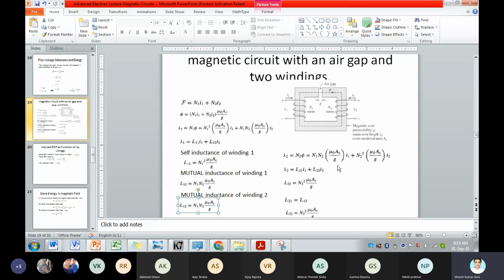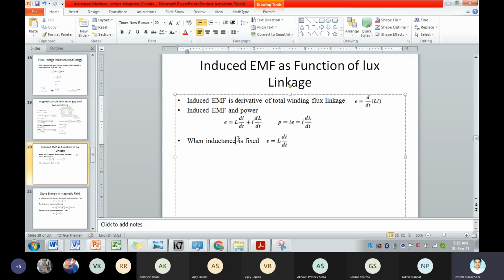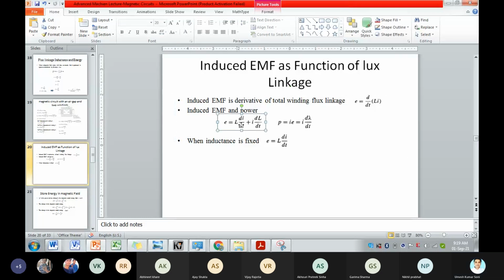So this is the case for a magnetic circuit, and you can see that the induced EMF is a function of flux linkage. So the derivative of flux linkage provides the induced EMF. Now by expanding it, you can get the induced EMF in terms of change in current with fixed inductance and change in inductance with fixed current. Two components are there.